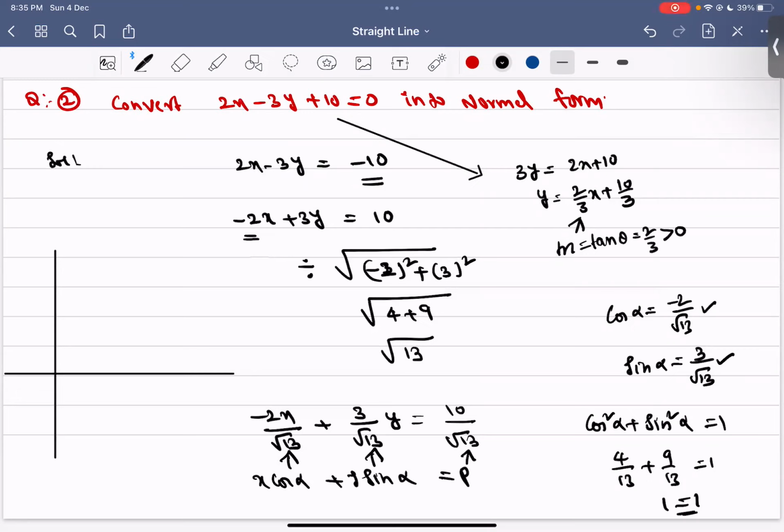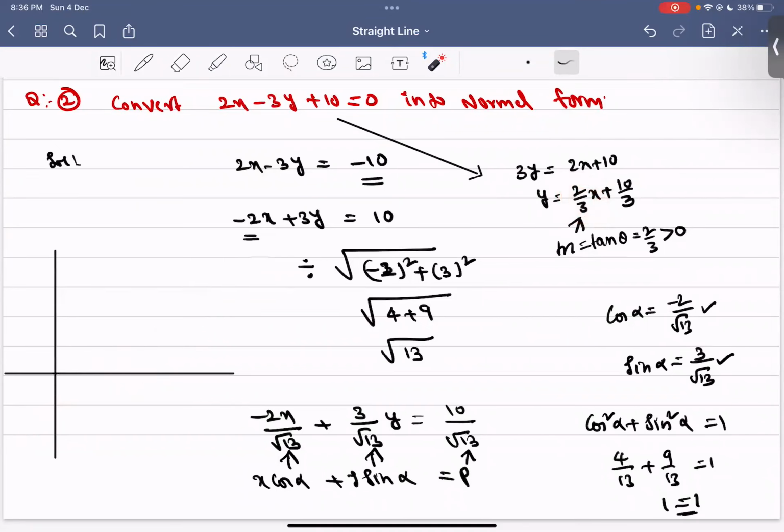Means the line makes an acute angle with the positive direction of the x-axis. Yes or no? Acute angle means the orientation of the line will be like this. If it is negative, obtuse angle, orientation will be like this. Here we got an acute angle, so the orientation will be like this, because this angle is less than 90 degrees.